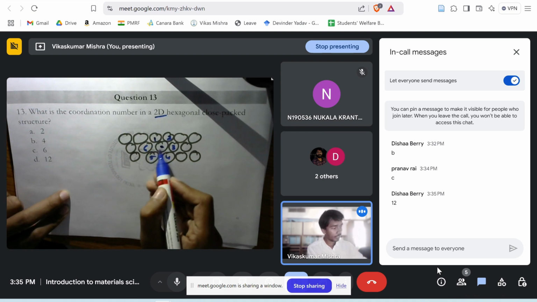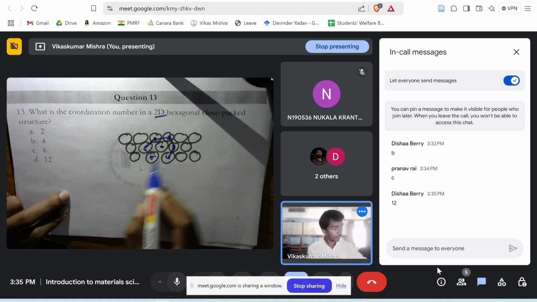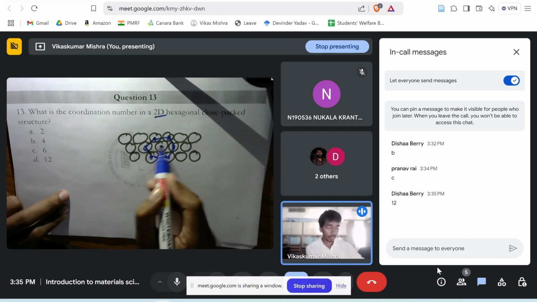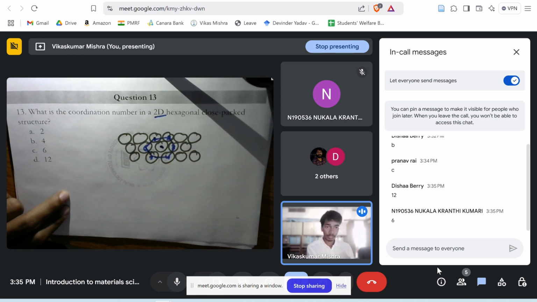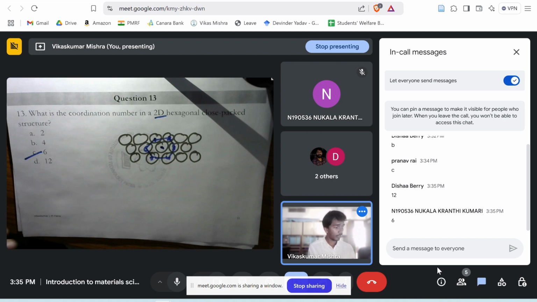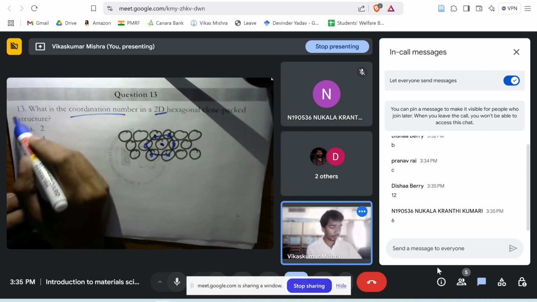So here we can see that in the hexagonal close pack in two dimensions, a particular atom is surrounded by a total of 6 atoms. Yeah, Nakul, that's right. So option C is the right answer. So the kissing number or the coordination number here is 6.